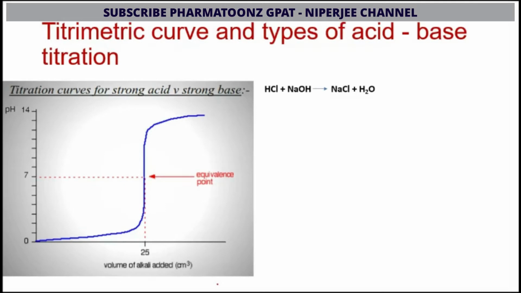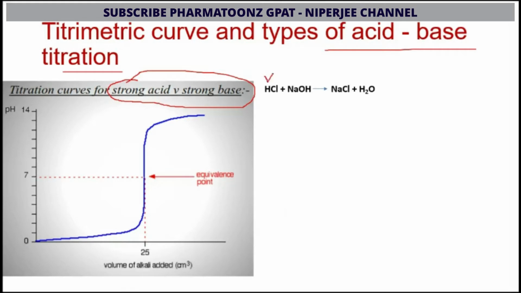Now, basically there are four different types of titrimetric curves observed in acid-base reactions. This is the curve observed in the case of strong acid and strong base, as we discussed in the previous example, HCl and NaOH. HCl is considered a strong acid and NaOH a strong base. The equivalence point or color change appears on the neutral side, at pH 7.